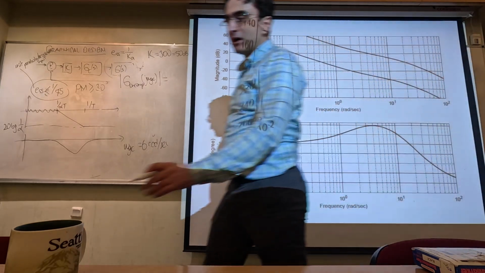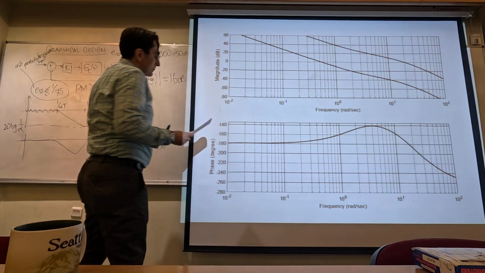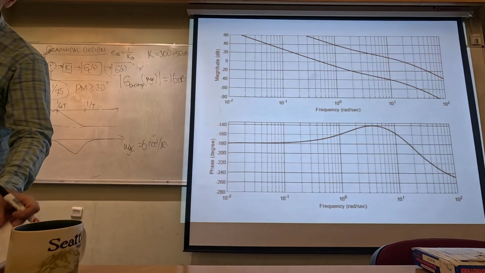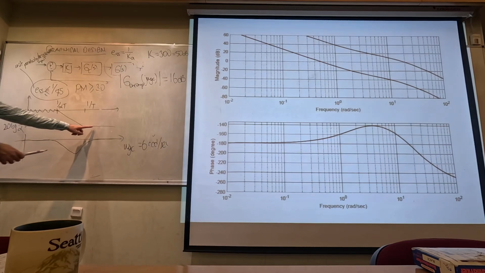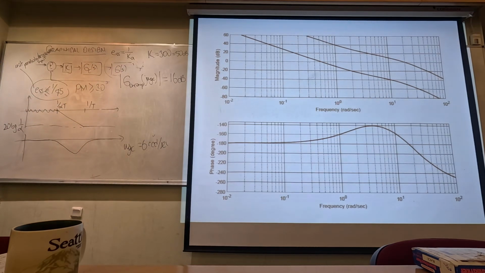Yes, in my notes I think I take it 16 dB. The system is going to bring 16 dB. The compensator is going to bring 1 over alpha magnitude. The system is going to bring something.